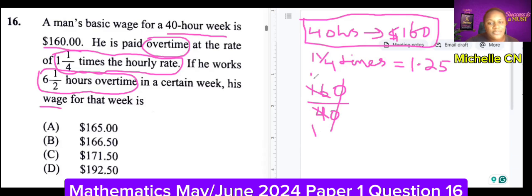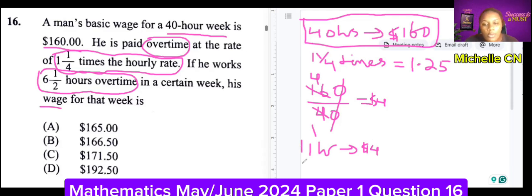So for 1 hour on a normal work week, the rate for an hour is $4. That's why if you take the 40 hours and multiply by 4, you get back 160.